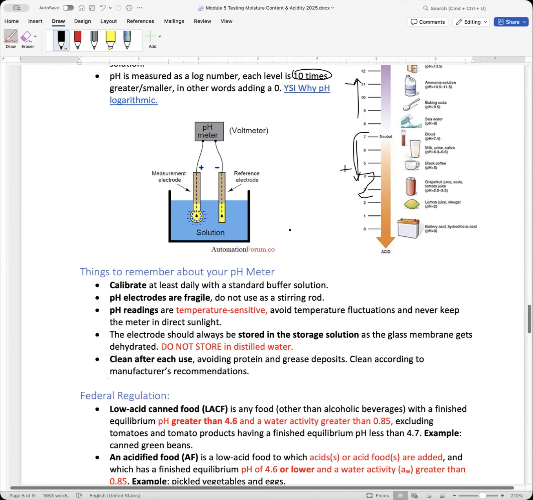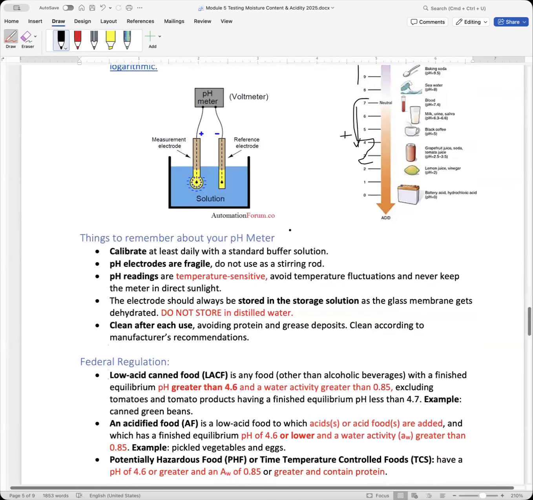The electrodes are fragile. They're glass, so they're not a stirring rod. Be careful with them, because once they're disturbed, they no longer measure correctly. They also have a shelf life. They don't last forever, and need to be replaced on a regular basis.